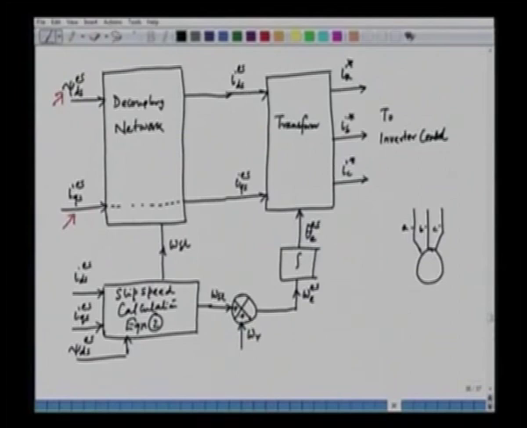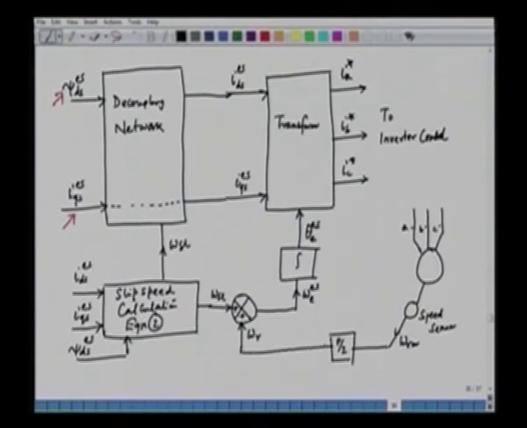So, we can have a sensor here. We can have a speed sensor, and the speed sensor will be giving us the mechanical speed omega m, and this we can multiply by the number of pole pair p by 2 to get the electrical speed.